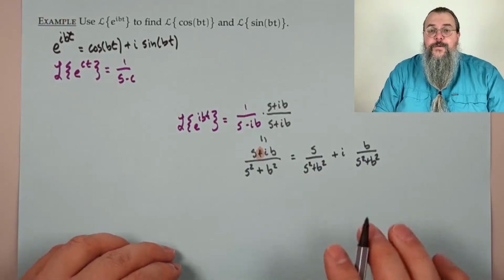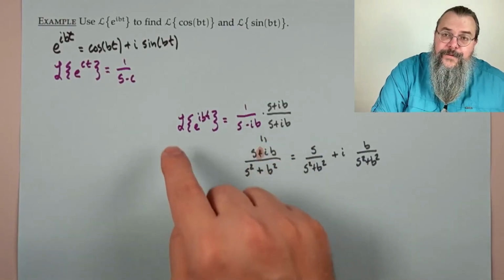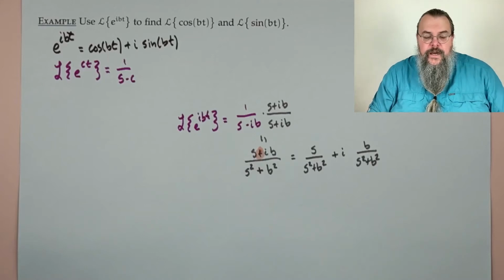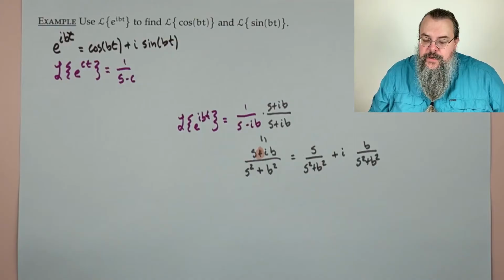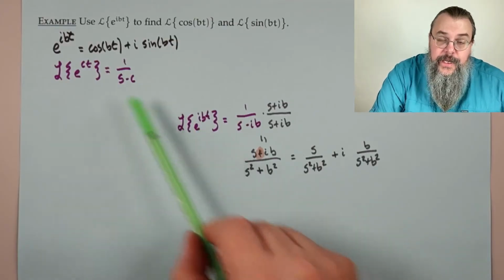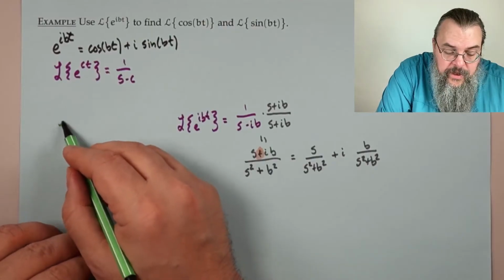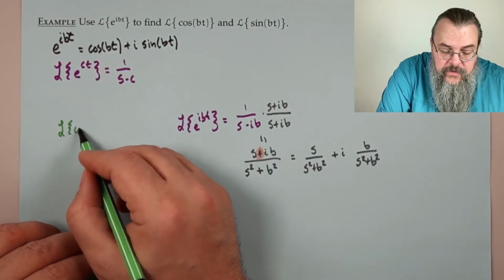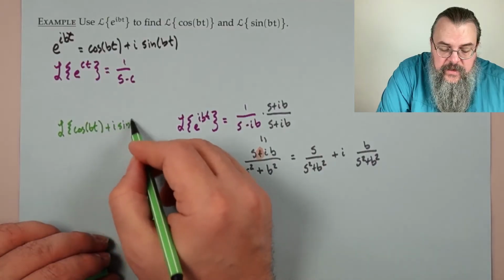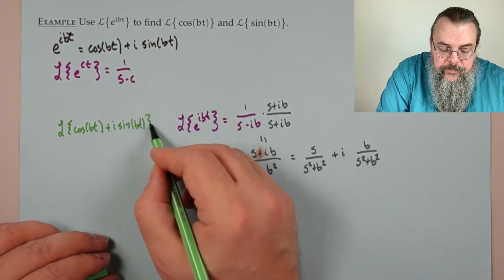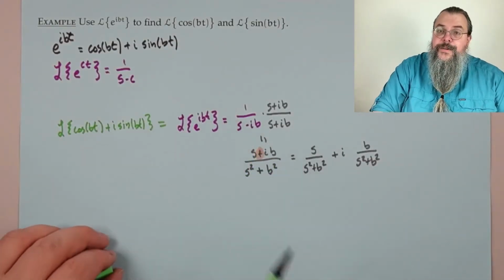All right, so we'll stop there on that track, and we're going to come back this way. All right, now what can we do? Well, we can say, look, I know what e to the ibt is. So we say, okay, well, this is the Laplace transform of cosine bt plus i sine bt. All right, because I'm just saying these are equal.